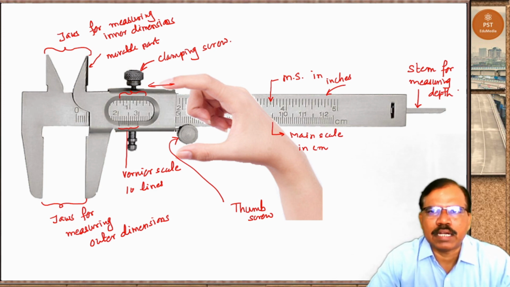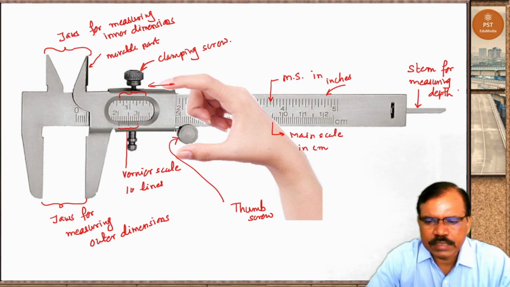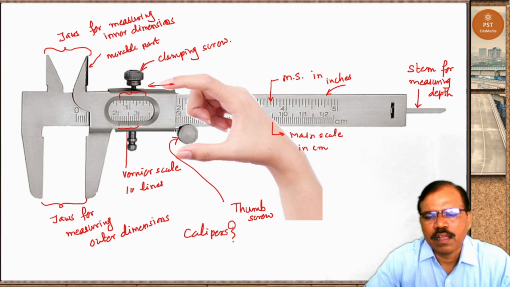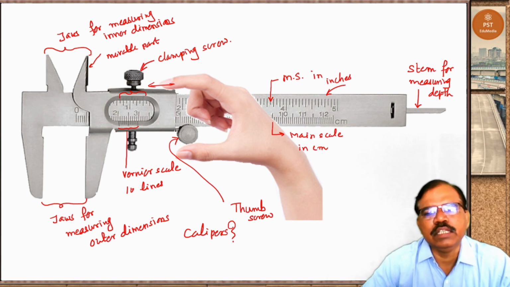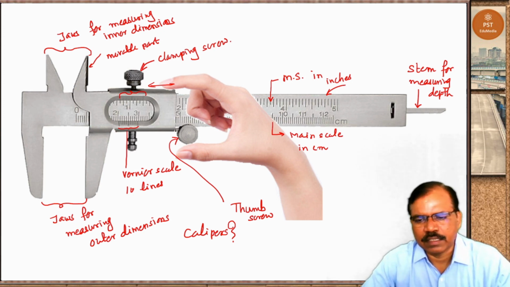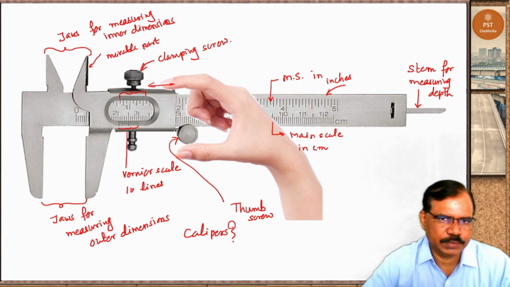So these are the parts of vernier caliper. Now what is the meaning of calipers? Calipers are nothing but jaws which are used to fix the given object.